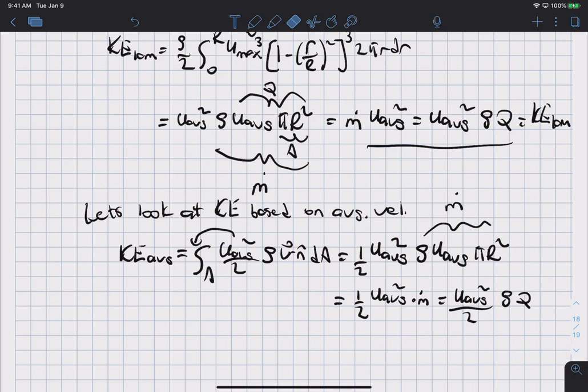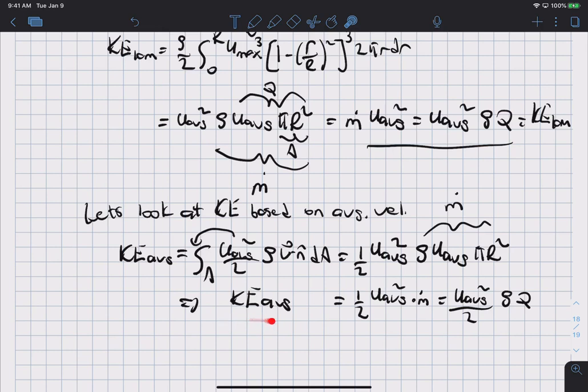Okay, and so that Ke based on the average velocity is just equal to this. So basically, you just take half of the average velocity squared and multiply it by the mass flow rate, or multiply it by density times the volumetric flow rate. Both work. But you can see by comparing the kinetic energy based on the average velocity and the kinetic energy based on the true integration of the profile, that they're actually quite a bit different.